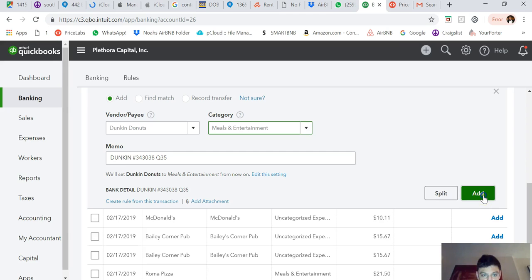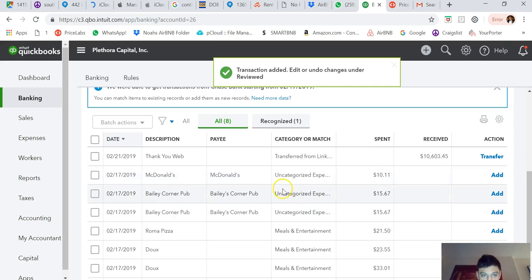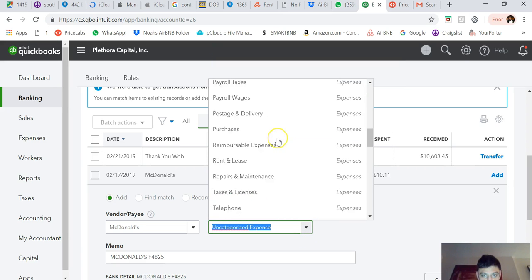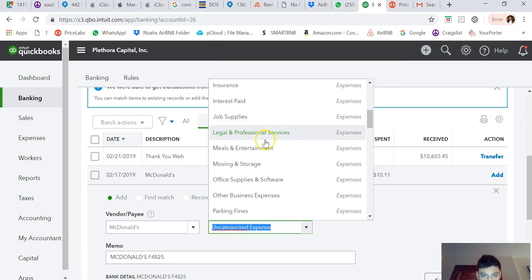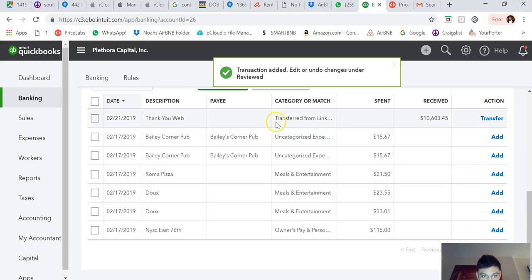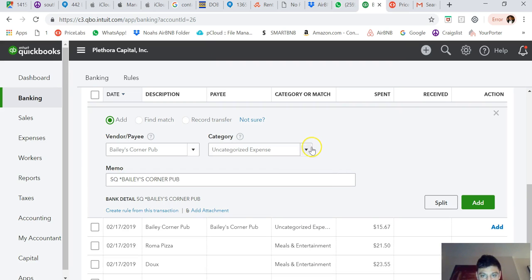You add it. Okay, then McDonald's, same thing. Meals and entertainment. It's all about just categorizing these different transactions. These are going to be the same thing.